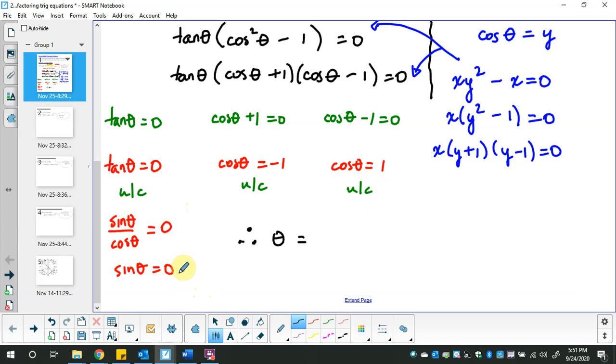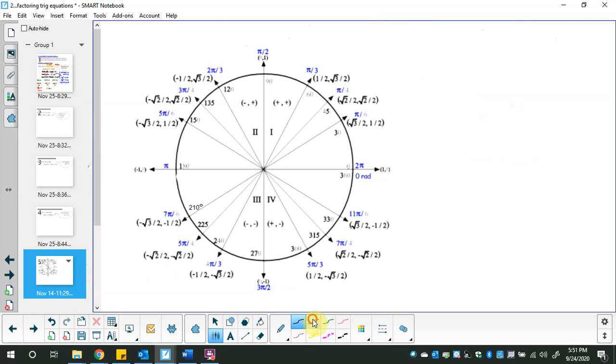So I'm going to find all the places where sine ratio is equal to 0. Sine is the second one, is here and also here. So I'm going to have to write down the radians. I'm going to write down 2 pi. I'm going to write down 0.